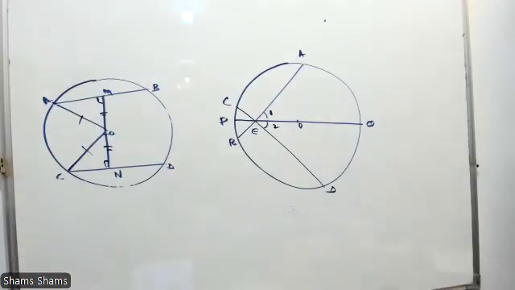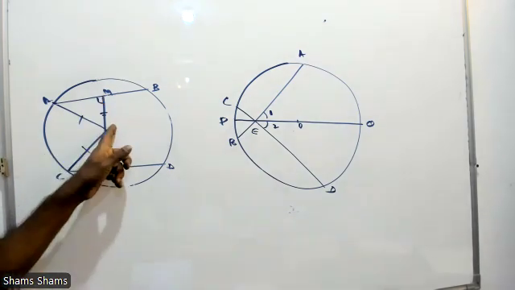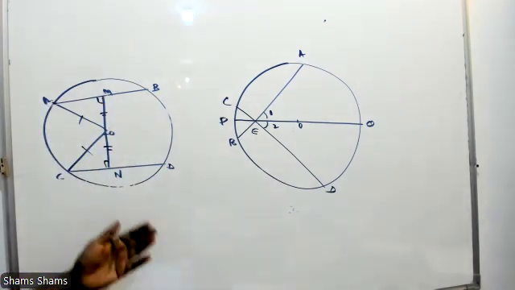What is the meaning here? Here in the figure, if OM equals ON, then AB equals CD. That's all.